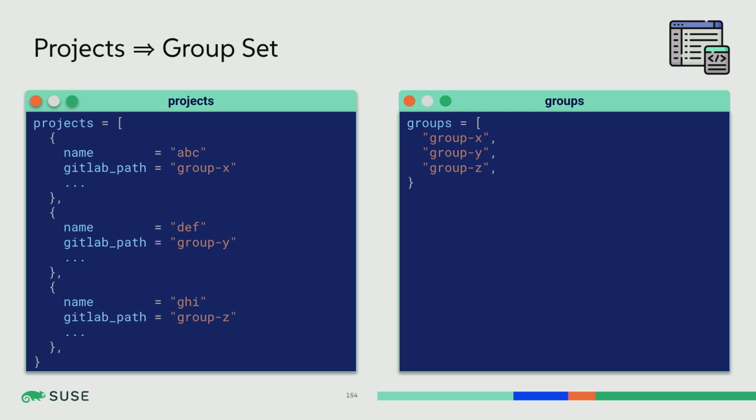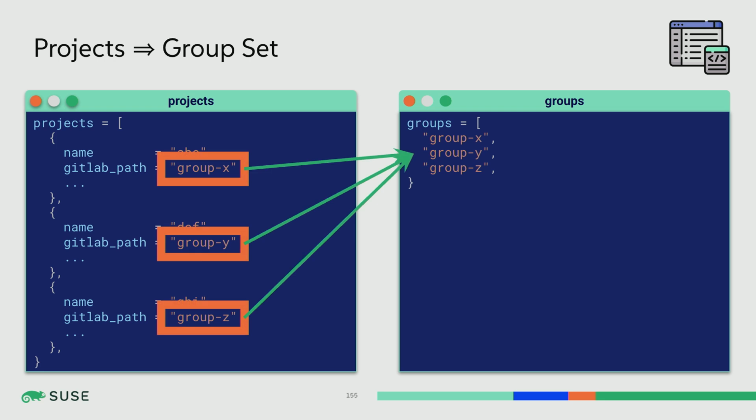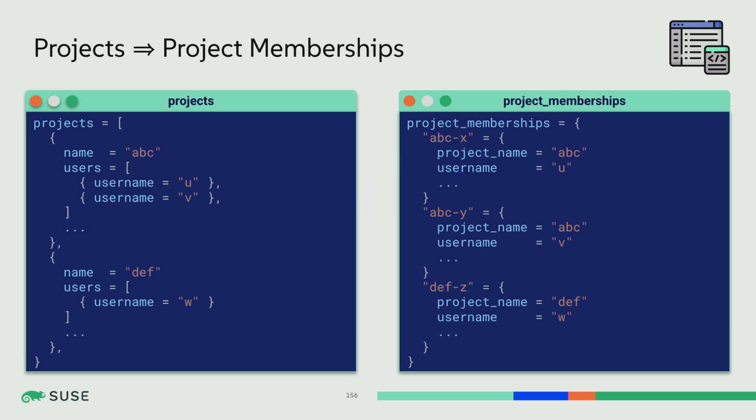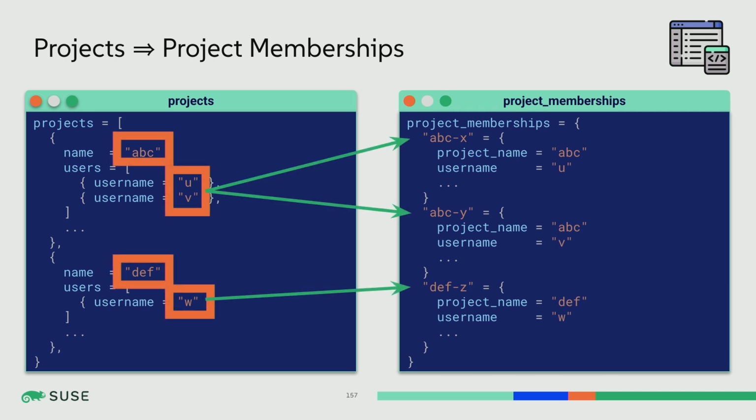So first, I will need the transformation to get the list of the projects, or the set of projects, to get our unique list of projects. Then I will need to get the project membership to create the membership for every project on every user. So we'll transform this by using cross references to get a map of all tuples of project name and username.